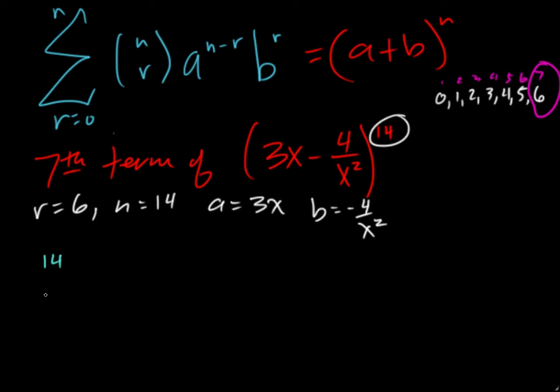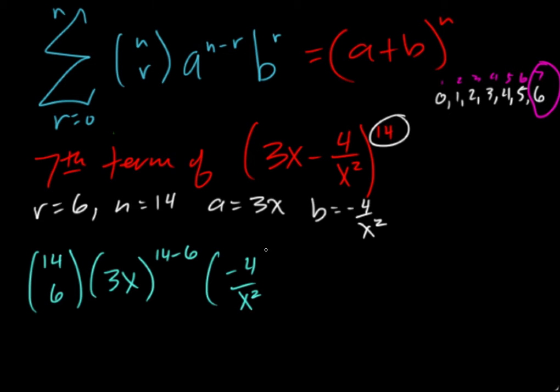So we're going to get 14, 6, a is 3x, raise that to the n minus r, and then our b value is negative 4 over x squared, and we raise that to the r, which is 6. Okay, and that's it on that one.